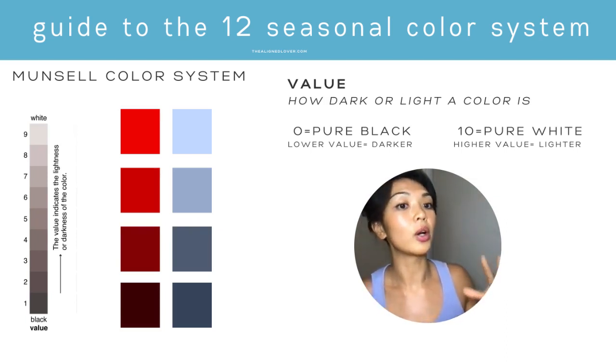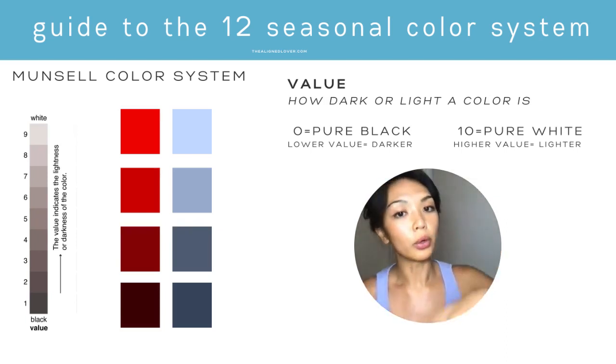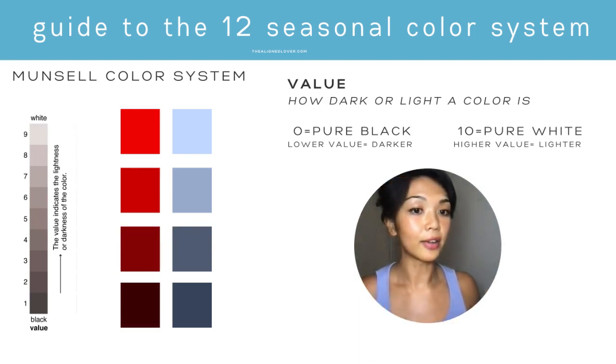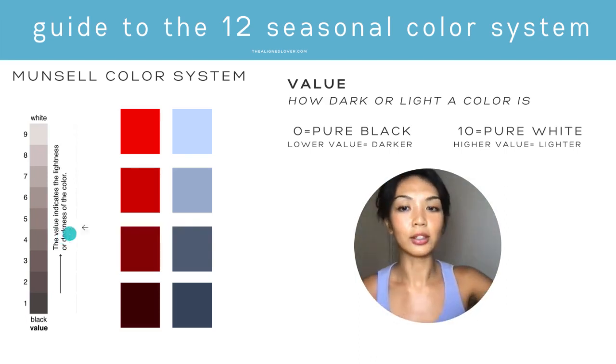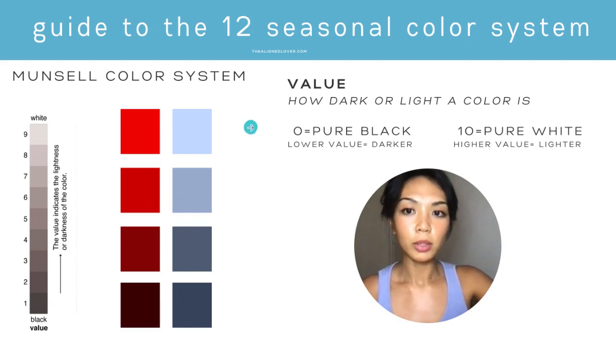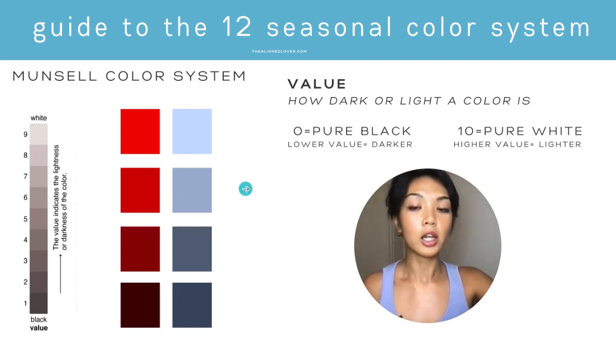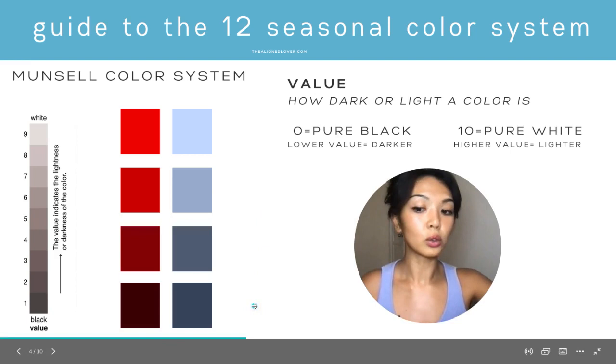You have pure whiteness. So lower values are darker, higher values are lighter. You can see this little spectrum here of colors that have a lot more white to them, and then you add more darkness, and then you get really close to black here at the bottom.